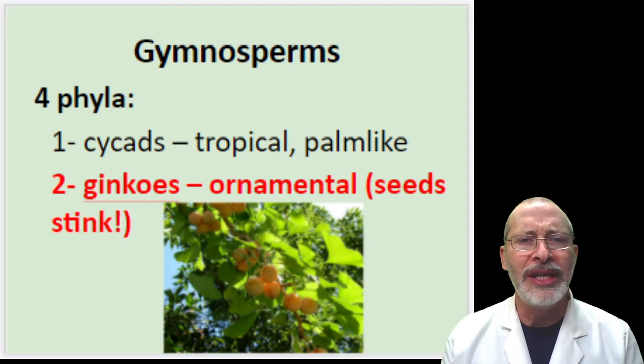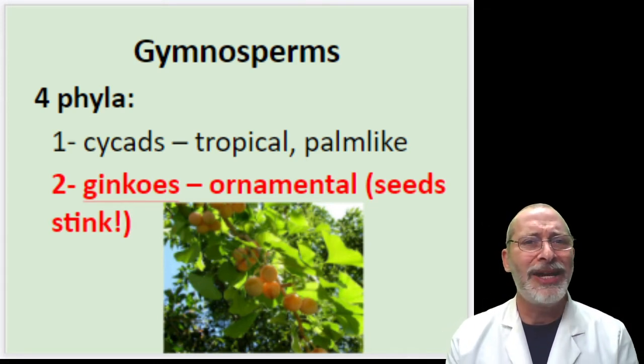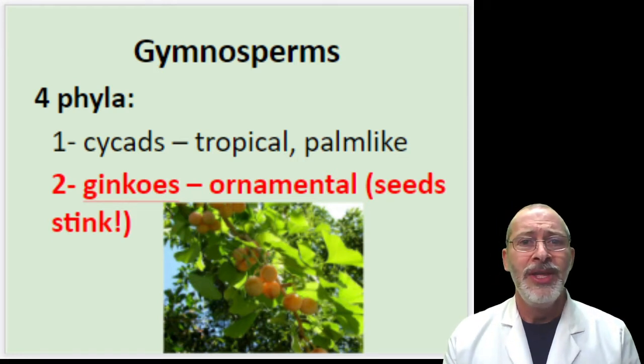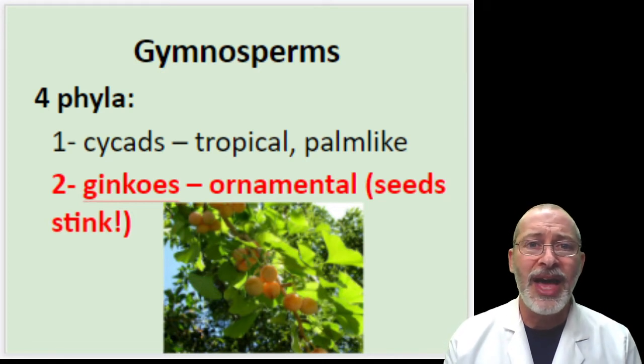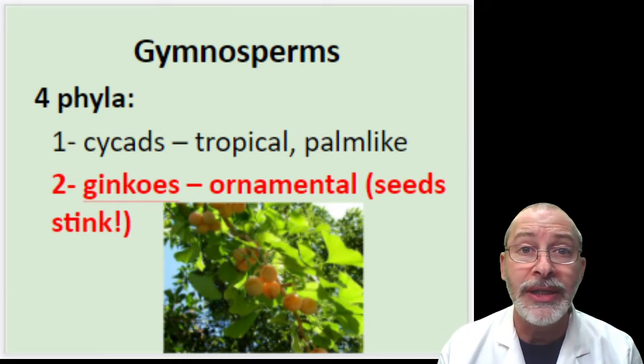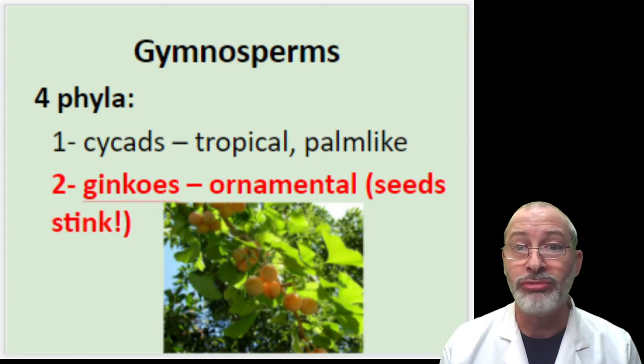Now, I remember reading years ago an interesting story, and I can't remember the exact town, but it was somewhere down south. The town leaders decided that they wanted to line their entire main street with ginkgos because they look rather interesting.